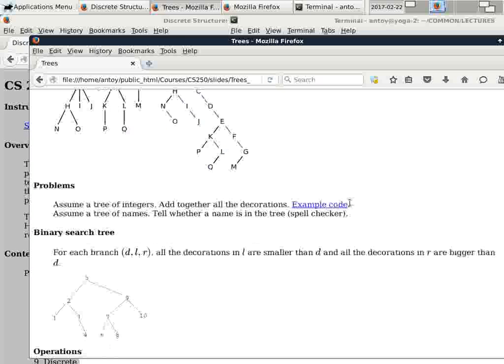We considered a couple of problems, just to show how to compute recursive functions on trees. So far so good? Any question?